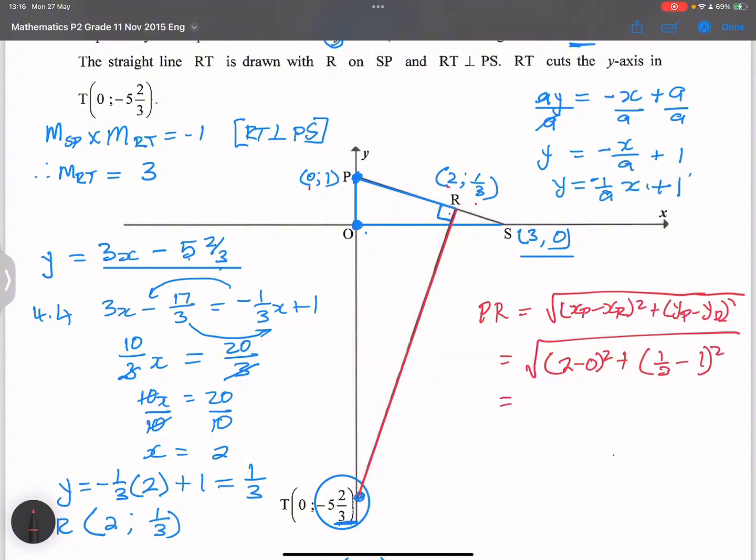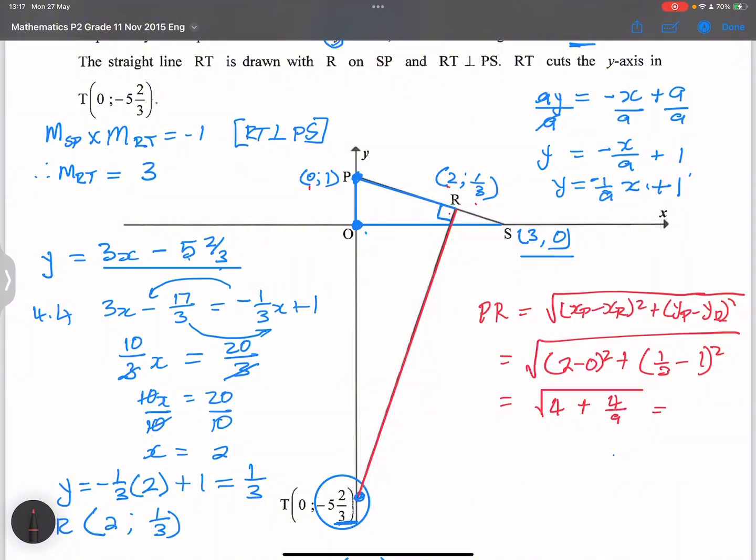So what is the value of PR? That's going to be 4 plus, that's going to be negative 2 over 3 squared. So this is going to be the square root of 4 plus 4 over 9.